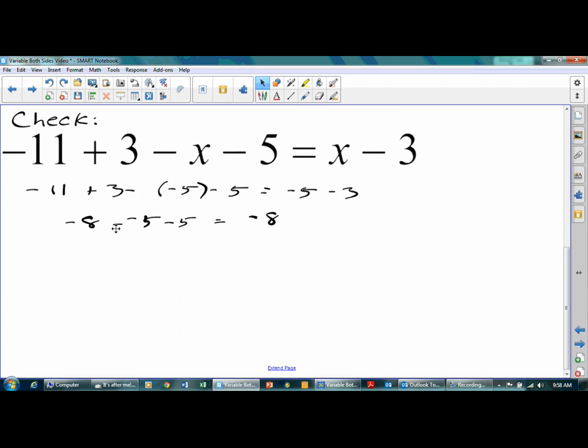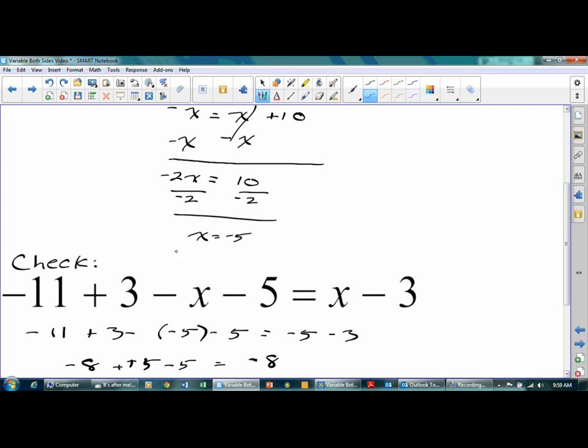Negative 8 minus negative, that's keep, switch, switch. So that's negative 8 plus 5. Negative 3 minus 5 is negative 8. And so it works. So our answer is negative 5.